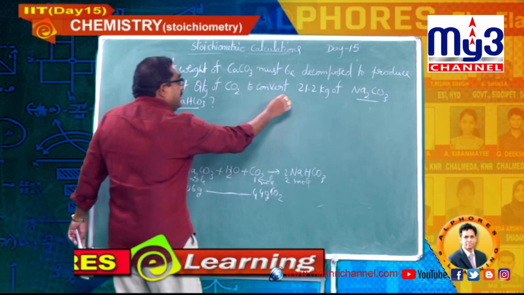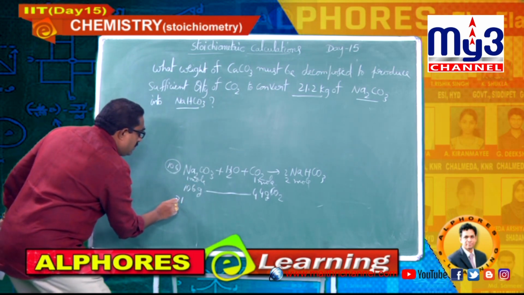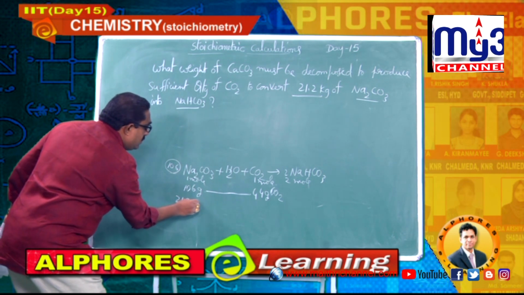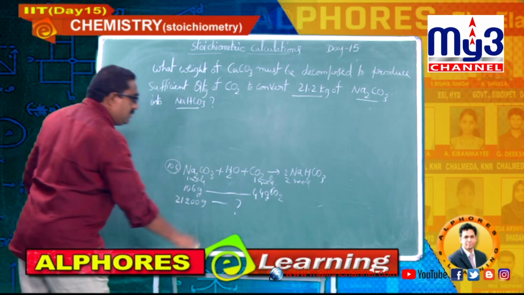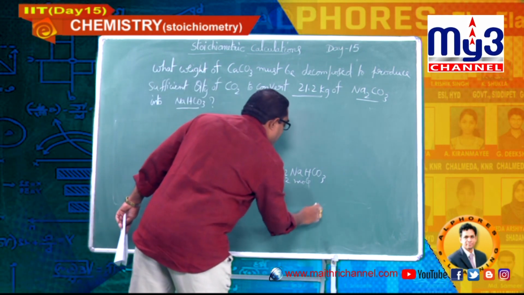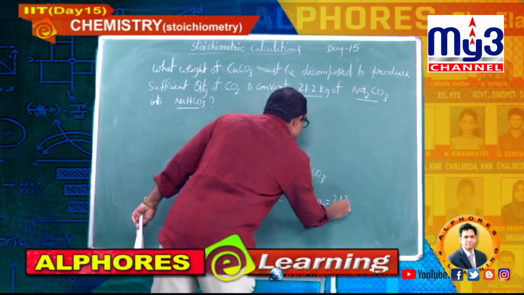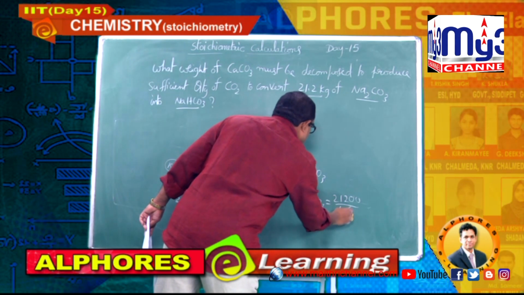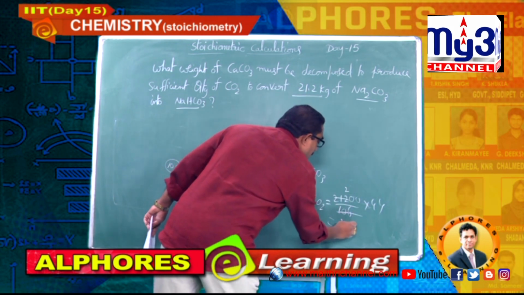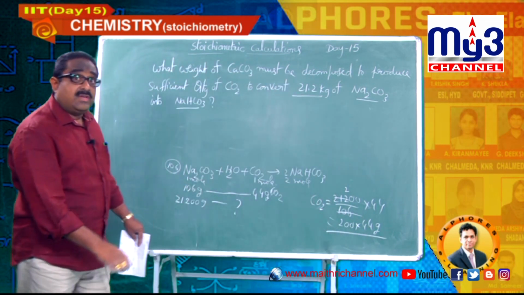But this time he has given 21.2 kg. Convert that into grams: 21.2 into 1000, 21200 grams. Means how much mass of carbon dioxide? Now I got the mass of carbon dioxide is equal to 21200 by 106 into 44 exactly. So 200 into 44 grams of CO2 is required.